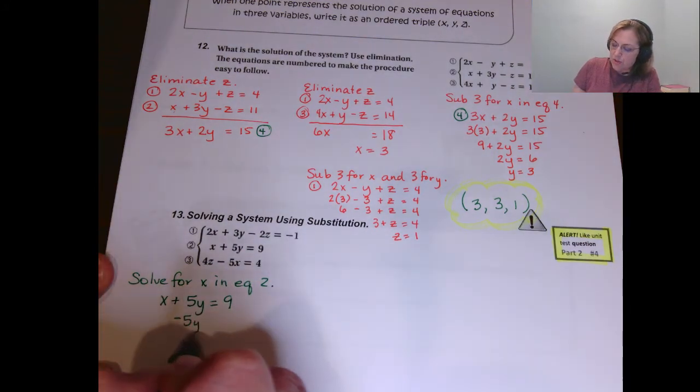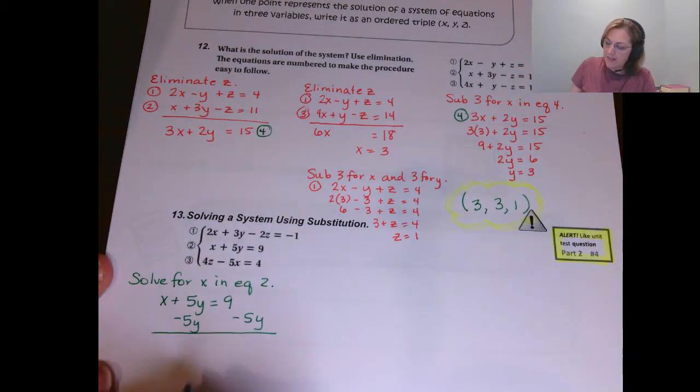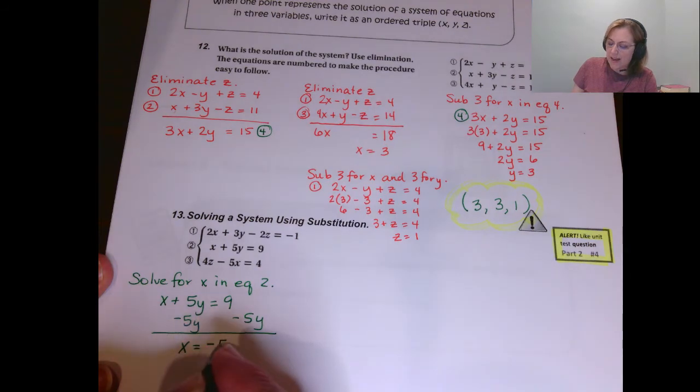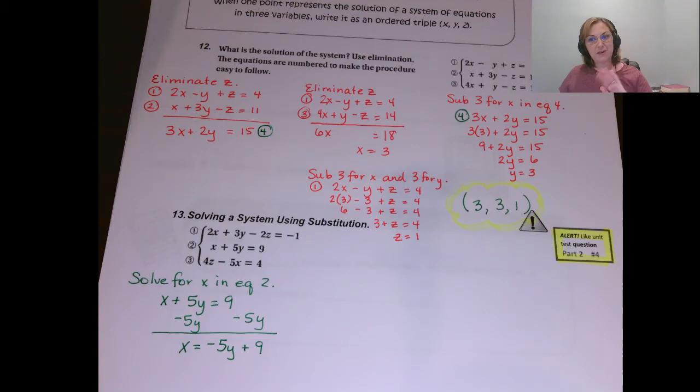So we'll subtract by 5y here. And that leaves me with x equals. Now remember, I like my variables to come first. So I always write my variable and then my number. As long as I keep the minus signs correct, I'm good. Now we're going to take this and substitute it in for one of the equations.